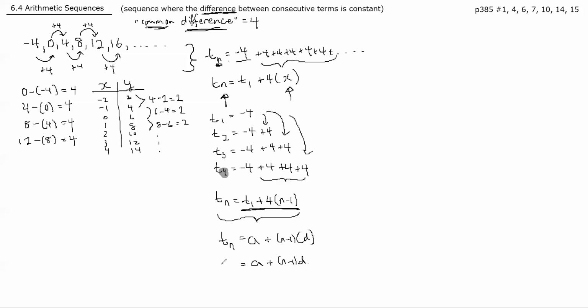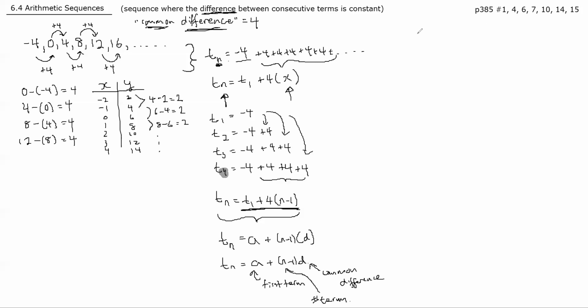Where, if you're confused, a is the first term, d is the common difference, and of course, n is the term number.